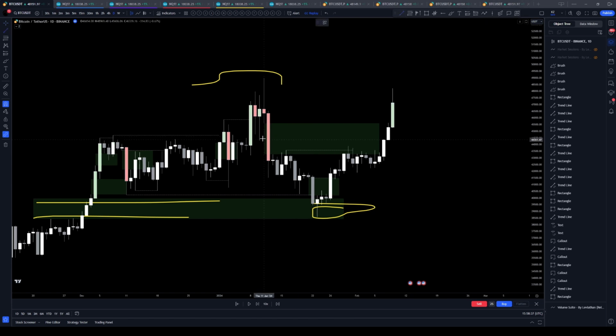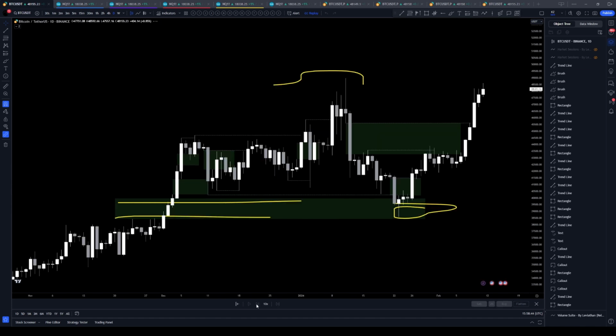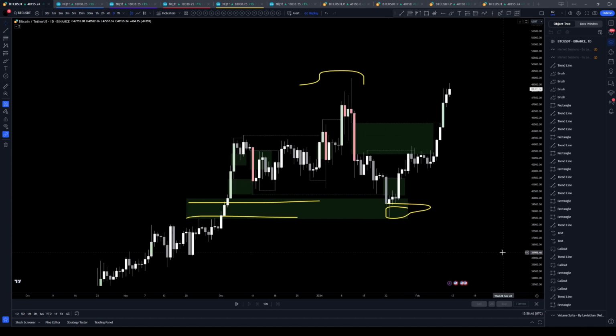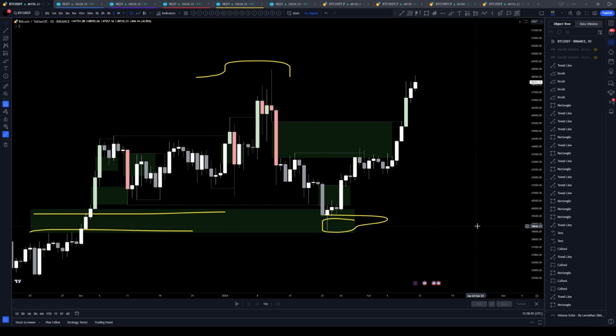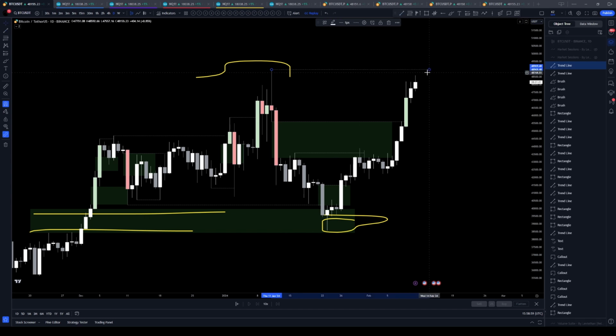Yes, we do. So once that closes there, you can see that now our draw on liquidity is going to be this high. And that brings us to today. So just through simple acknowledgement of the internal and external liquidity, you can see where price is likely to gravitate towards. So in this instance now, I expect new highs for Bitcoin.